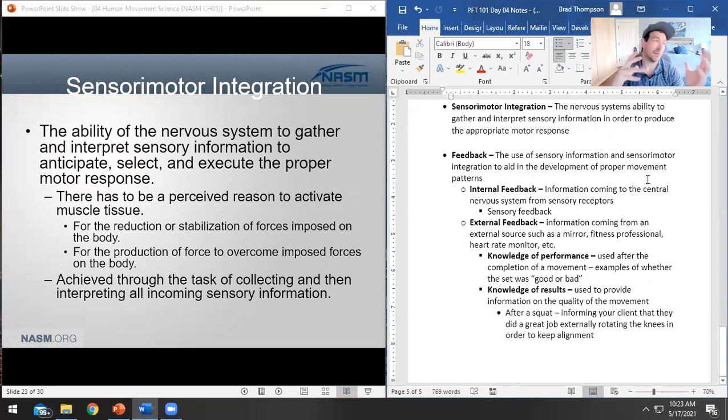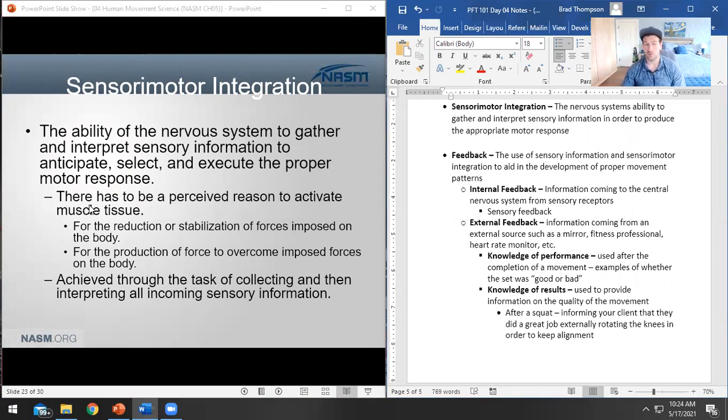If we take our proprioception and all of our sensory info and put it together in order to move the way that we want to move, that is sensory motor integration. Take proprioception, take the info, put it together with, all right, this is an athletic movement that I want to produce. Now you have sensory motor integration.